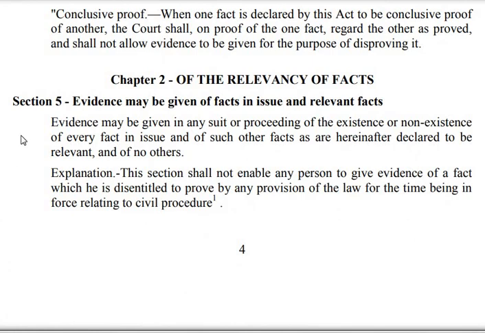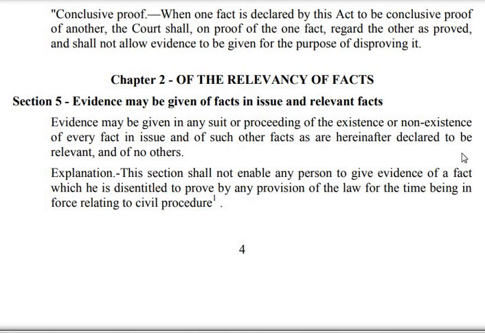Chapter 2, section 5: Evidence may be given in any suit or proceeding of the existence or non-existence of every fact in issue and of such other facts as hereinafter declared to be relevant and of no others.